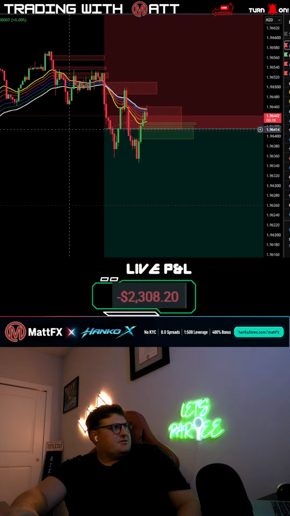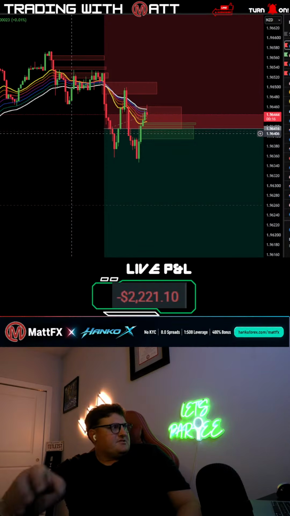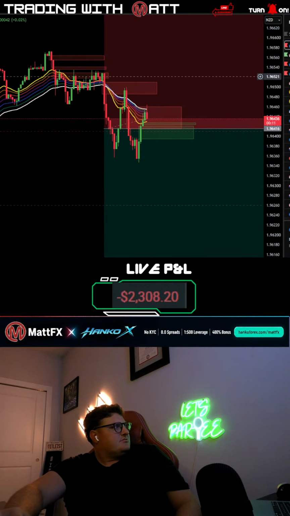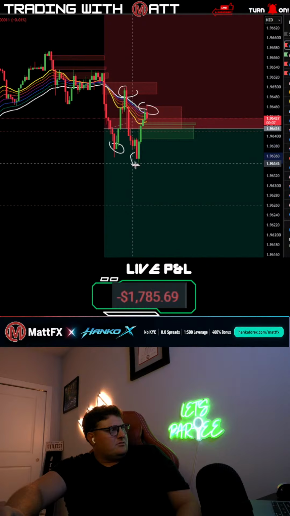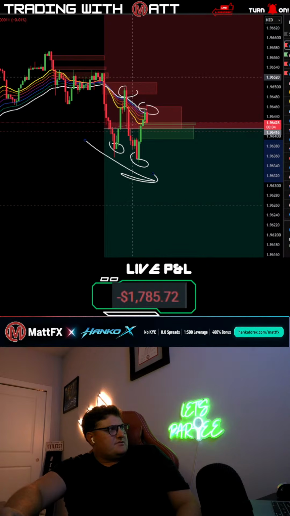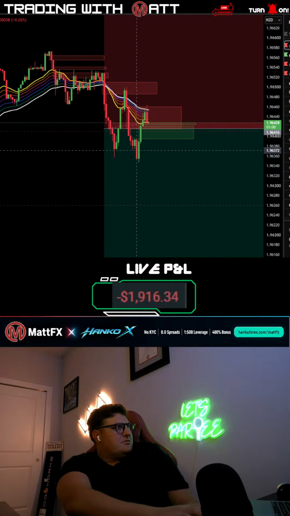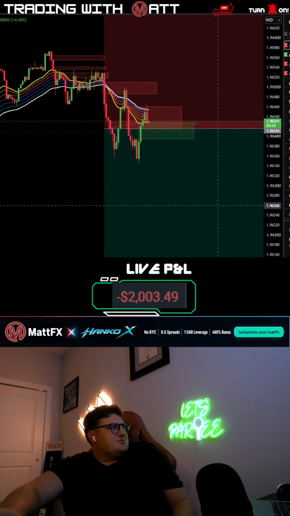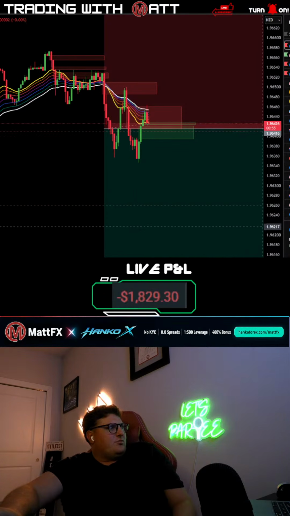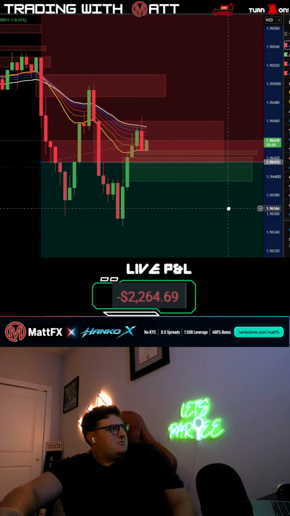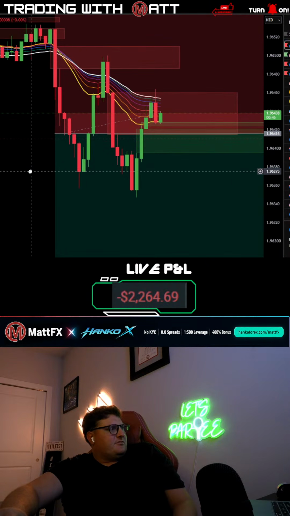Go big rejection here, so what we want to see: lower highs and lower lows, just like we got here. Lower high, lower high, lower low, lower low. Downtrend, downtrend. Nice 1 minute close. Bearish engulfing on the 1, I think. Yeah, it was a bearish engulfing on the 1.